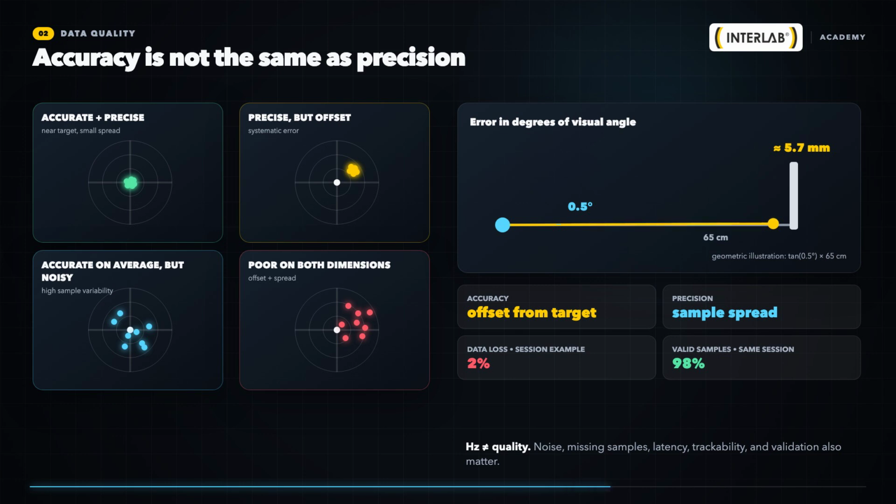When analyzing individual words, icons, or micro saccades, it becomes critical. We must also consider data loss, trackability across different participants, latency, and synchronization stability. Sampling frequency matters, but the number of hertz alone does not describe the quality of the complete system.